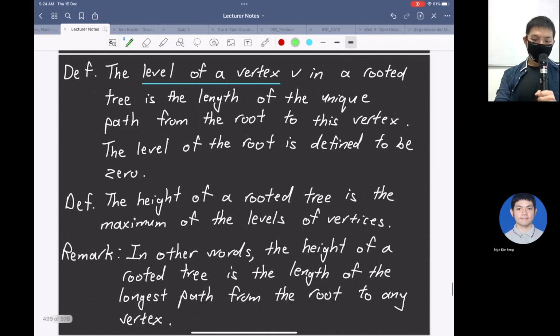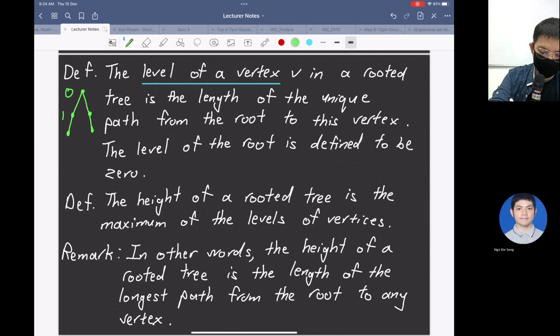Okay, next. Next, we'll talk about the level of the vertex. Starting from trees, the root will be at level 0. The level of a vertex is defined to be the length of the path from the root to the vertex. So if your vertex has a path of length n to the root, then the level is level n.